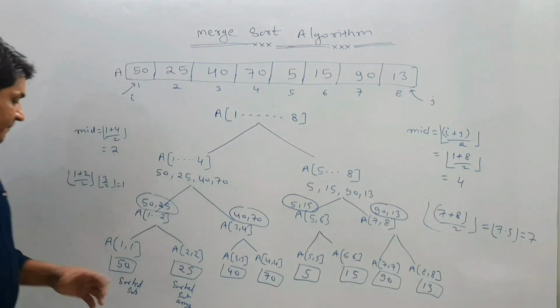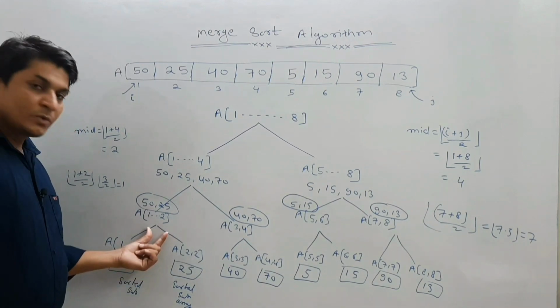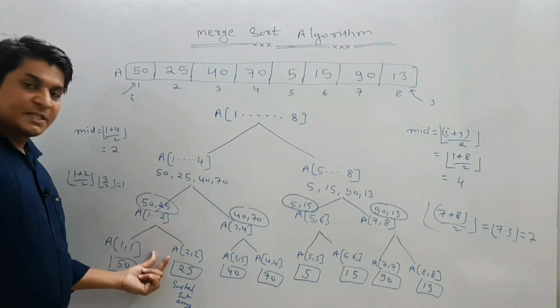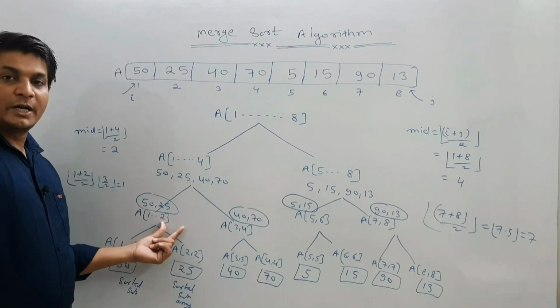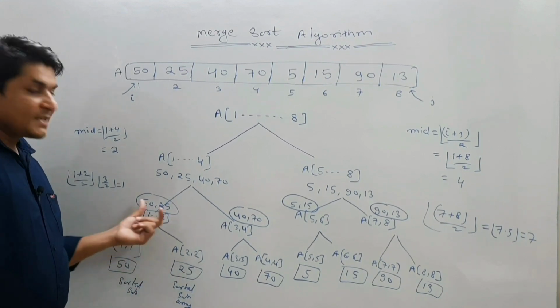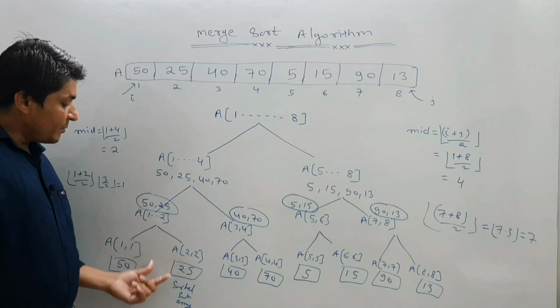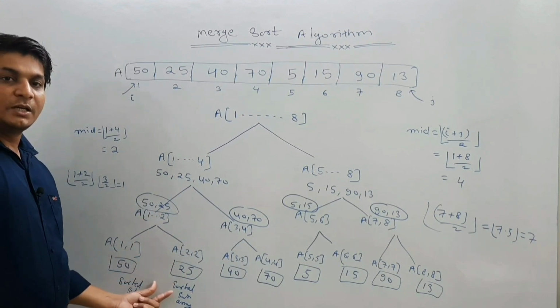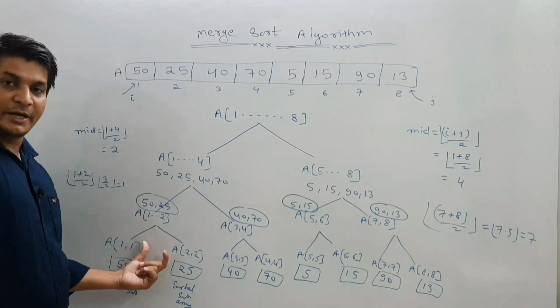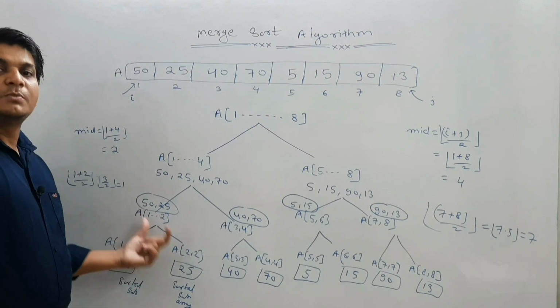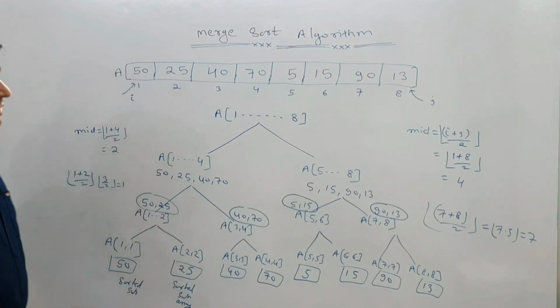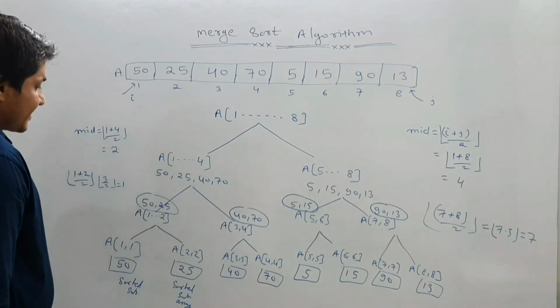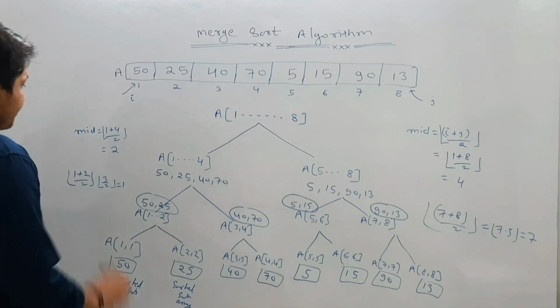If we can merge these two in such a way that we get the sorted array, then our task is completed. First we need to understand how we can merge these two sorted subarrays. So first we need to understand what the merge procedure is. Let us talk about the merge procedure, then we will discuss how we can merge this array.